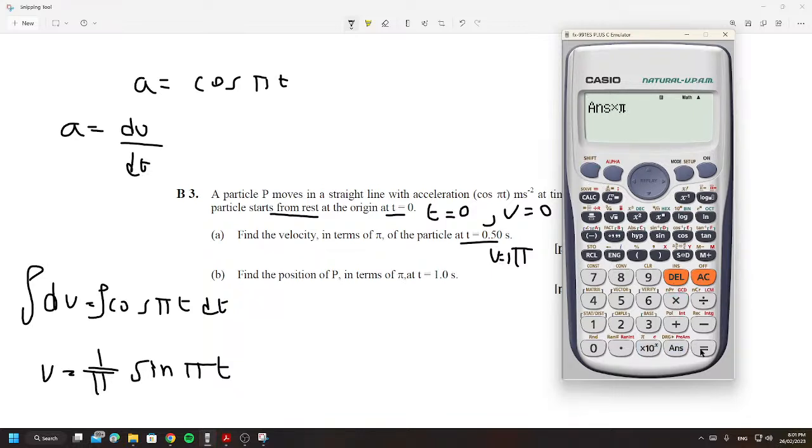How do we know here what to do? Since they did say in terms of pi and not just simplify by pi. If they want it in terms of pi, then just don't multiply by 1 over pi.